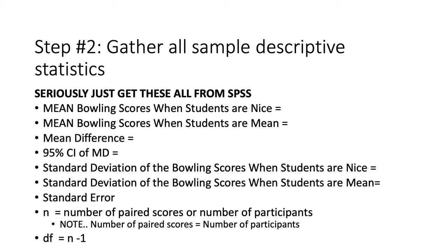We are just going to get these from SPSS, but the important ones: both means, the mean difference, both standard deviations, the standard error, the degrees of freedom and N. We can find all this stuff, the 95% confidence interval of the mean difference, all from SPSS.